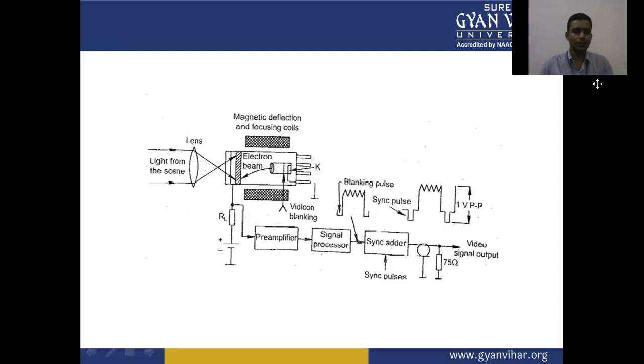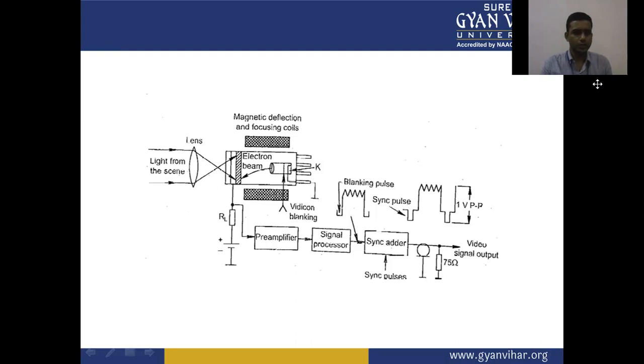A signal processor unit processes the signal, and sync is added here. The synchronizing pulses are added, and correspondingly we get the video signal output. The video signal output is a composite signal: the blanking pulse, the sync pulse, and the video signal. So this is the electron beam scanning in the camera tubes.